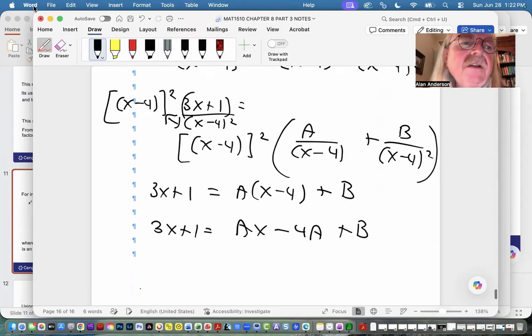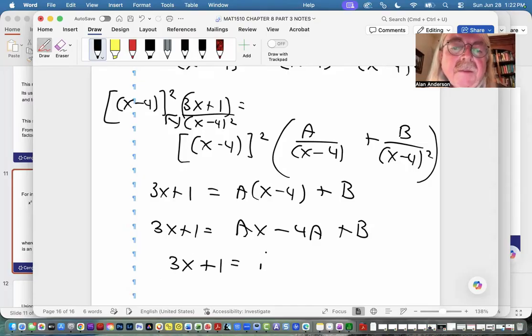Well, this one is particularly simple. We may not even need simultaneous equations because there's only one x. Yeah. Okay, that's true.